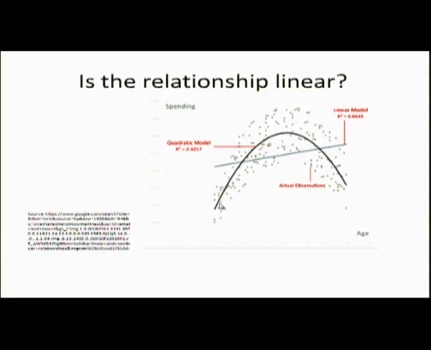Here with increase in x, y increases, and on this part with change in values of x, values of y decrease. So, it is a non-linear relationship, a quadratic model, and therefore, when a linear model is fitted to these data, it gives a poor fit. x explains only 6% of changes in y.